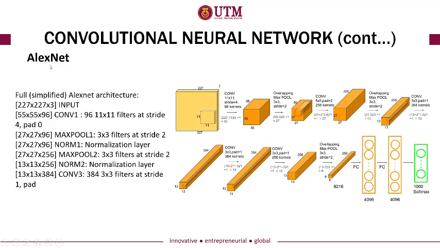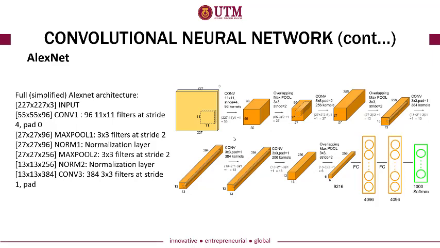But AlexNet's output consists of 1000 classes, meaning that you put in any image, and it will give you the label of this image, where the label can be any one of these 1000 classes. So that is the architecture of AlexNet.